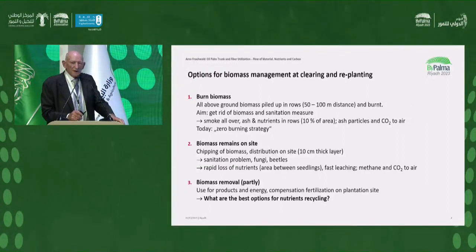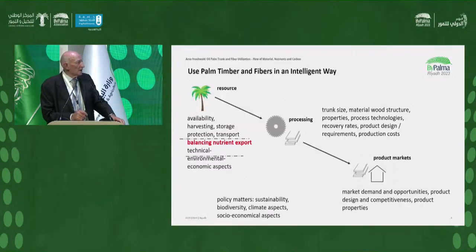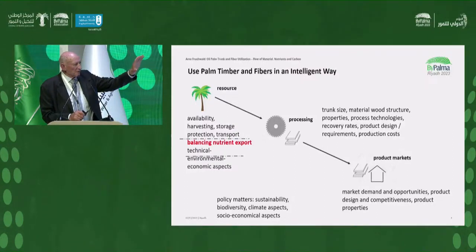So the idea could be, it doesn't matter if we take out a part of it, it is rotten anyhow, so let's think about that. And this fits perfectly in the whole process chain. I already presented this the day before yesterday.